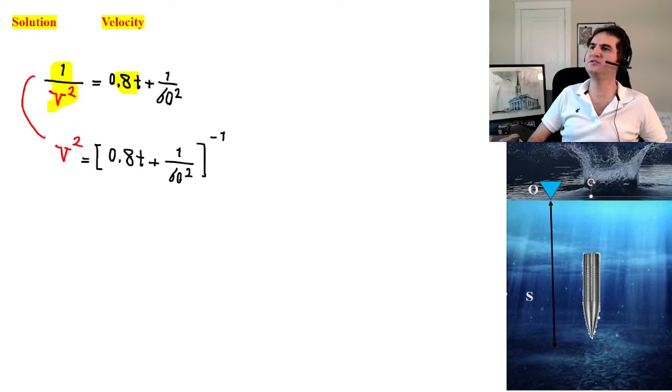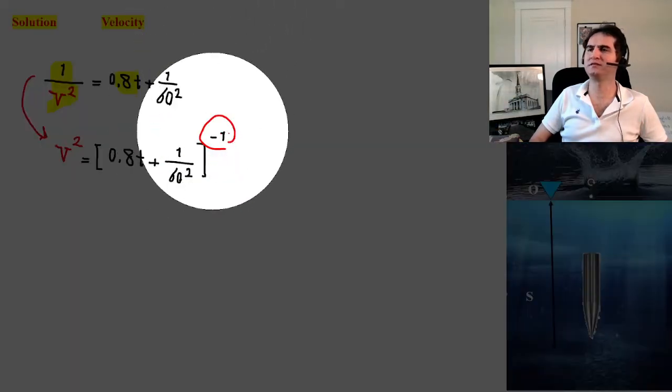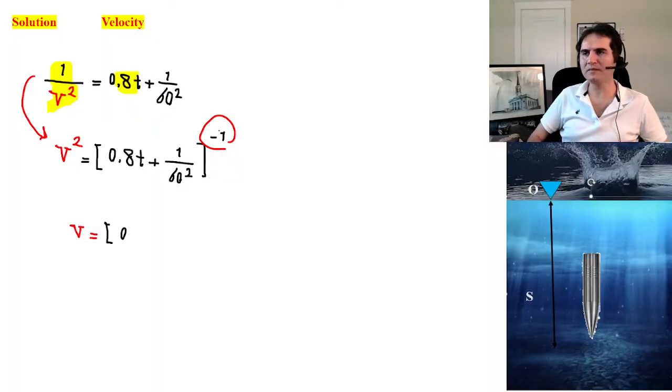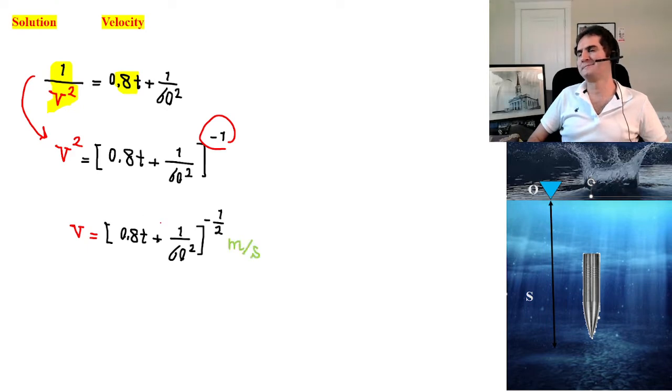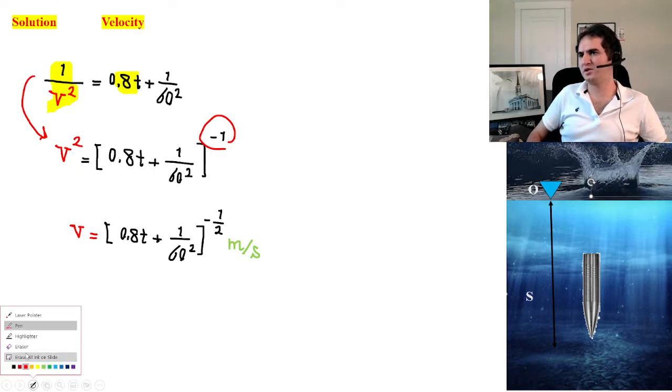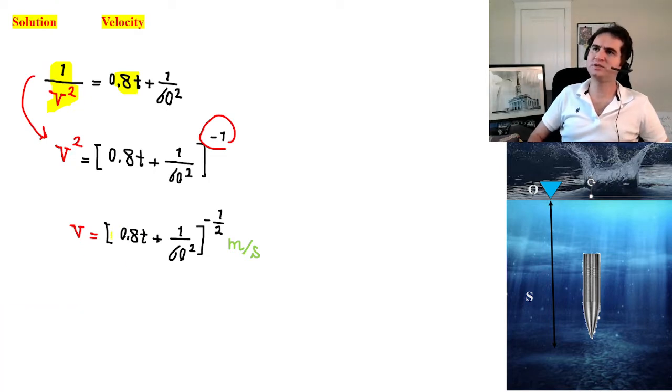If you reverse the equation, v squared is the same term but to the power of negative 1, so the velocity is equal to this function.